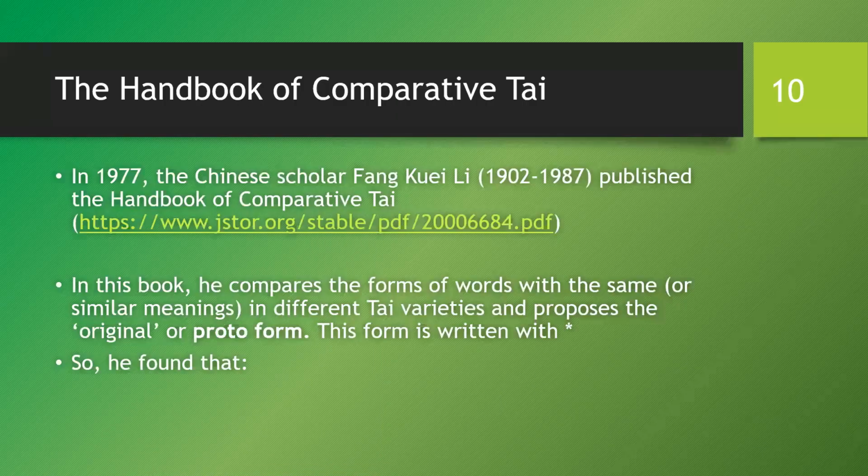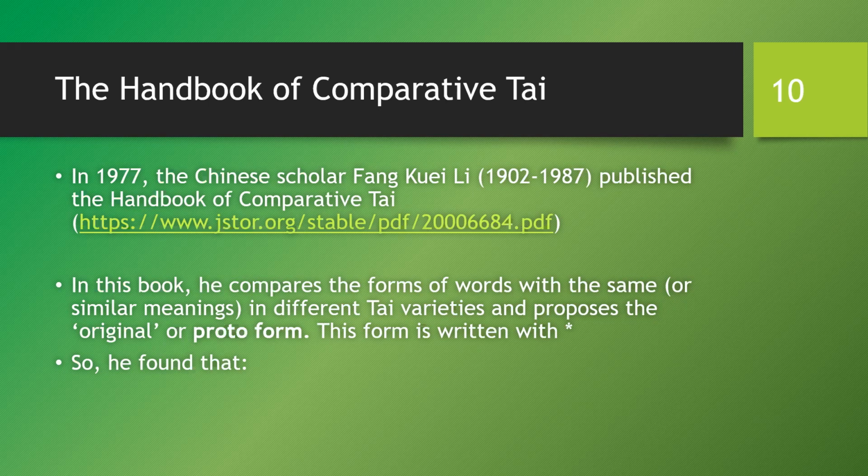Okay, so what scholars have done over the years is to study very closely all the information available about these languages. And in 1977, the Chinese scholar Fang Guili, who passed away in 1987, but who did have access to the dictionary that was made by G.C. Barua in 1920, the Ahom Assamese English Dictionary, published a Handbook of Comparative Tai.